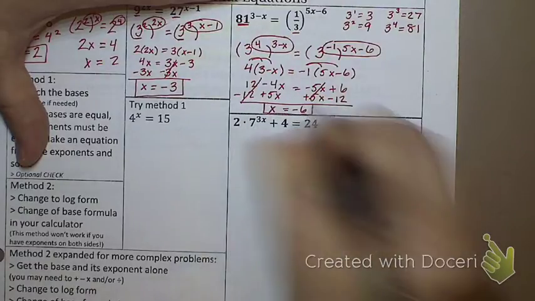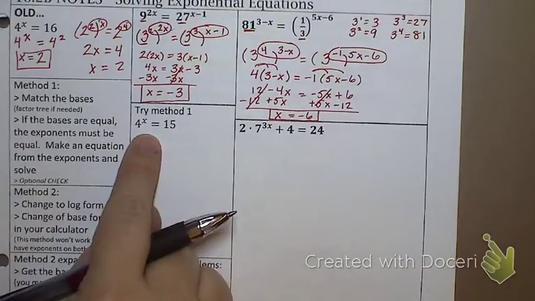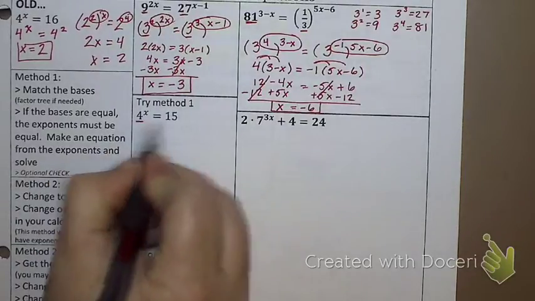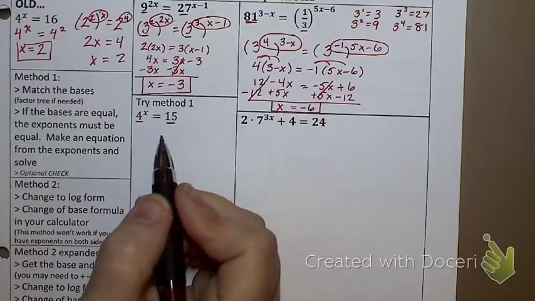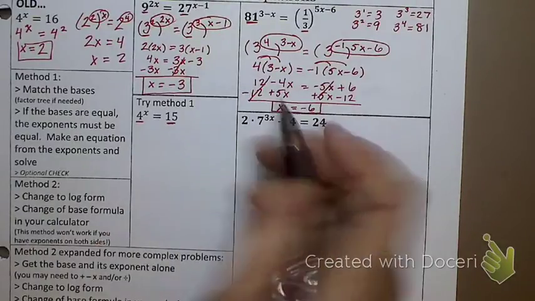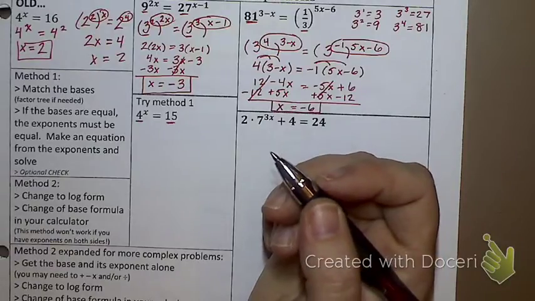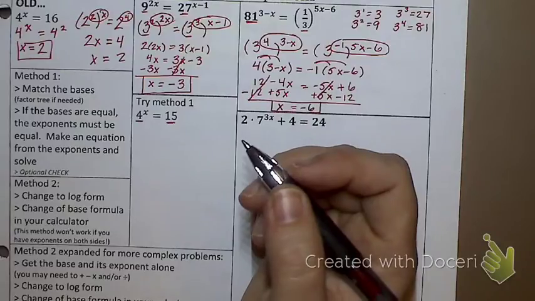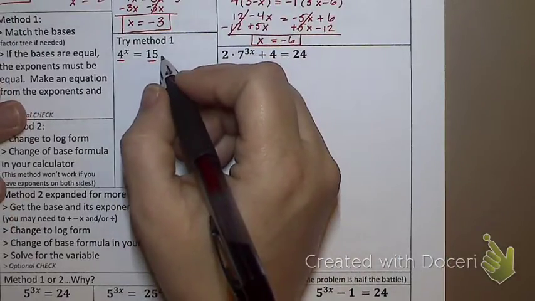Okay. So? All right. How about this guy? Can I use that same method? Can I get 4 and 15 both to be written with the same base? Nope. So what would I have to do? Guess and check, maybe? Well, I can use a different method. When I can't get the same bases, I can use a different method, which is going to log form.